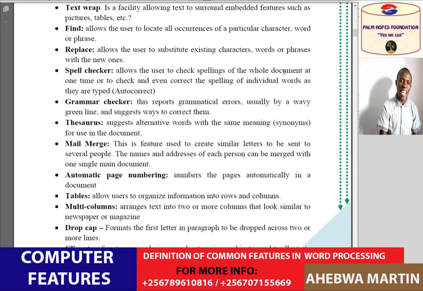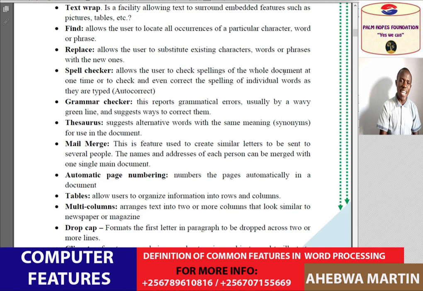Mail merge. This is a feature used to create similar letters to be sent to several people. The names and address of each person can be merged with one single main document. So this one enables, for example, those people who normally write letters.